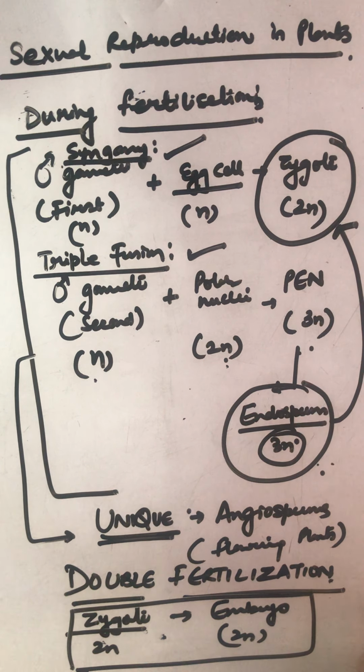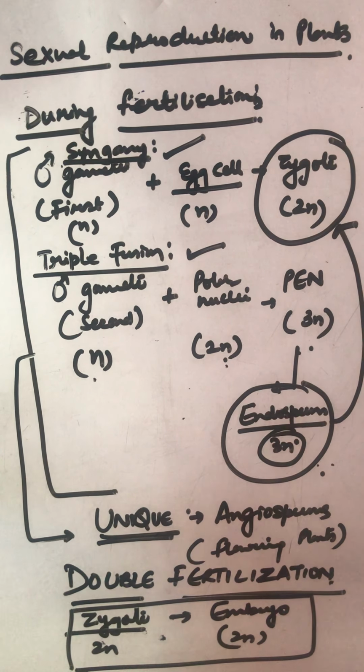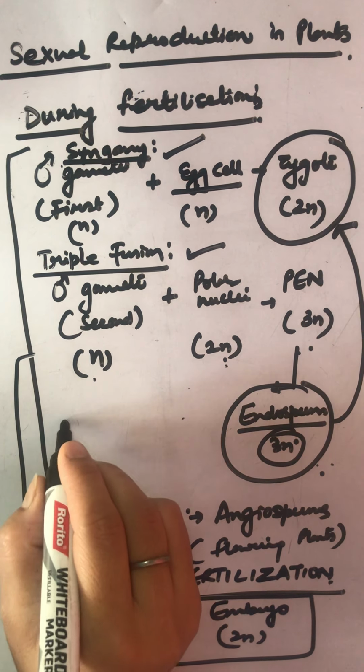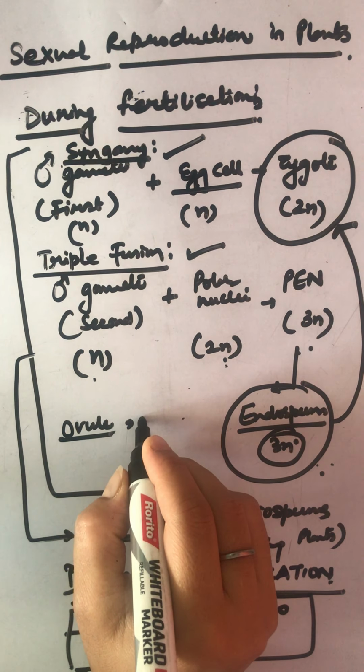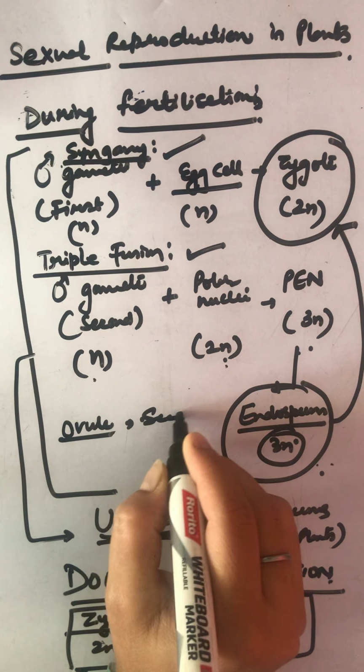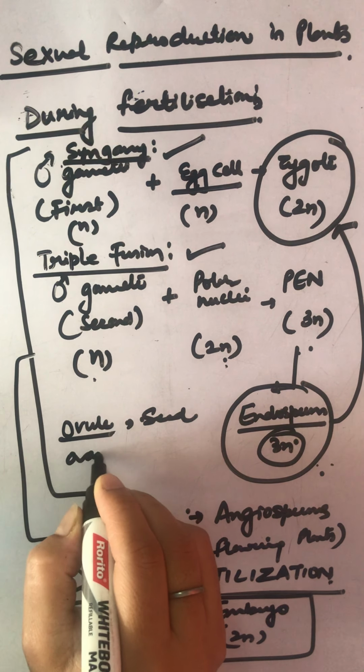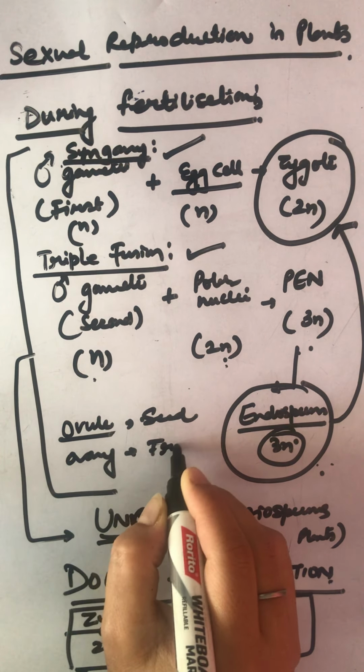What is the fate of other parts of a plant? We basically see what is the fate of, first of all, this seed, then this ovule and this fruit. In this process, when this whole process is going on, this is the ovule which has grown or further developed into seed, and ovary into fruit.